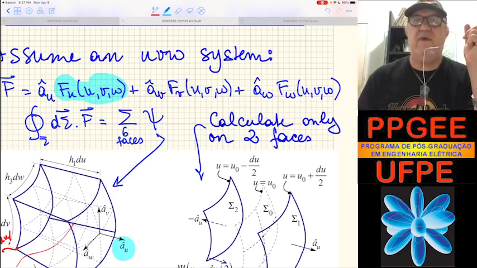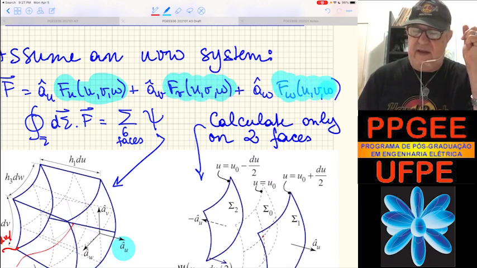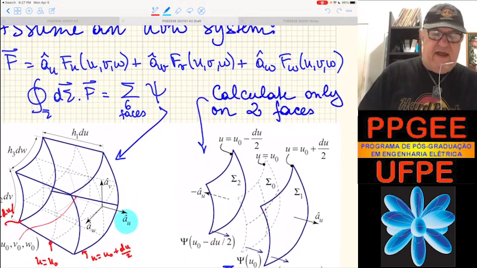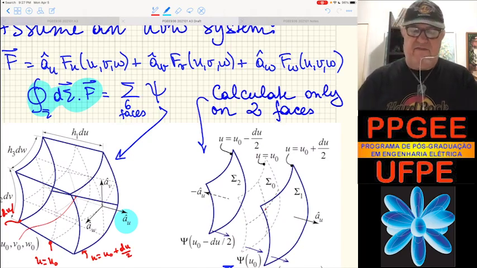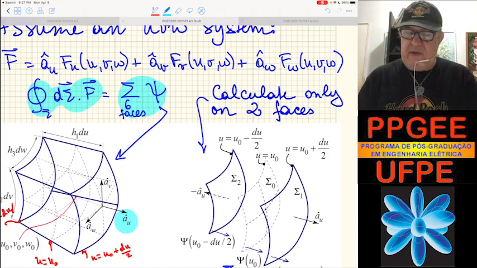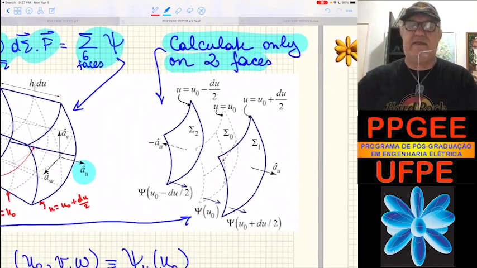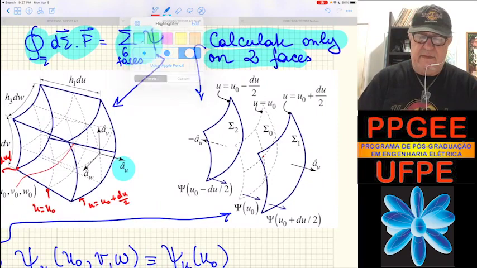FU along AU, FV along AV, and FW along AW, okay? So the flux outward is the flux across the 6 faces. So what we're going to do is calculate only on the 2 faces, which are the faces u equals a constant, which are separated in here, okay?